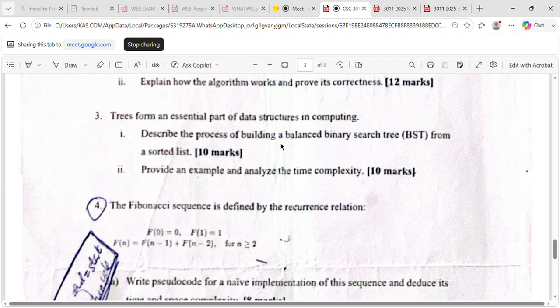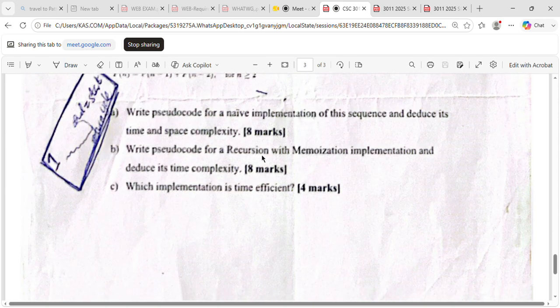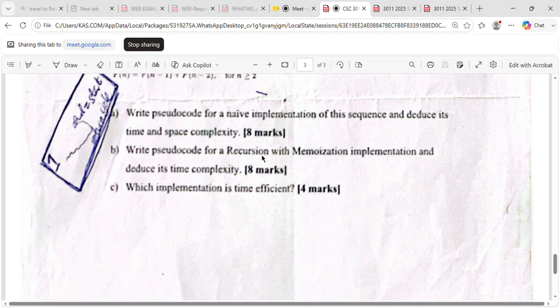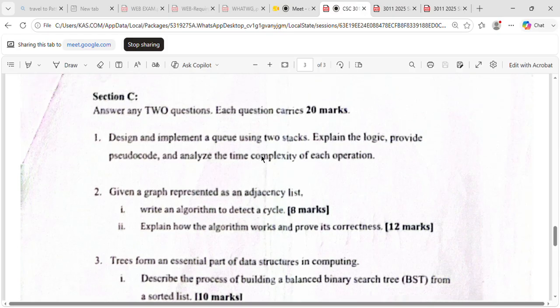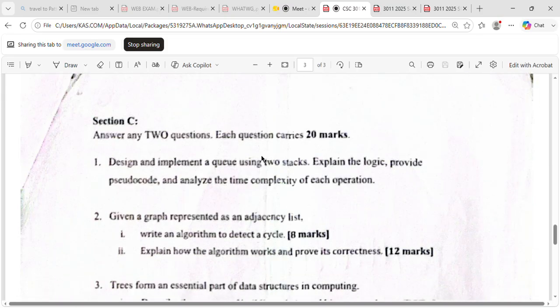Fibonacci. Three essential parts: structure, that. Okay, so we have done away with section B.